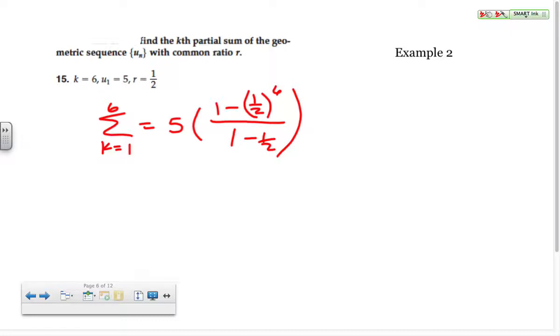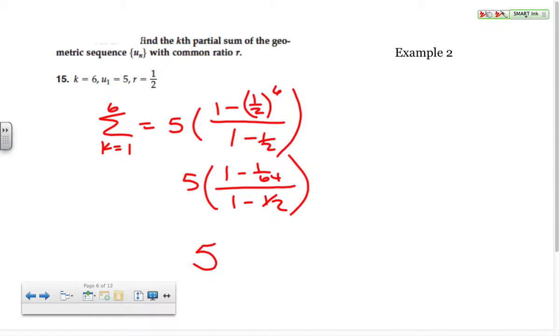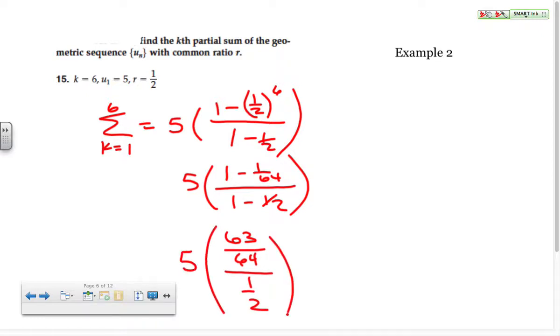I'll do some steps with you. 5 times 1 minus a half to the 6th, over 1 minus a half. Then I get 63 over 64, over 1/2, times 5. And I end up with 63 over 60.